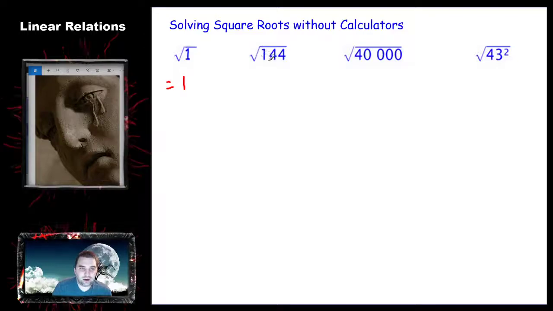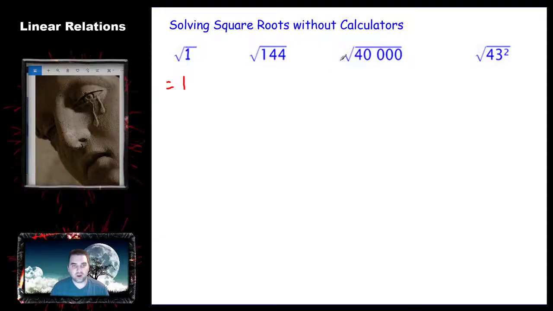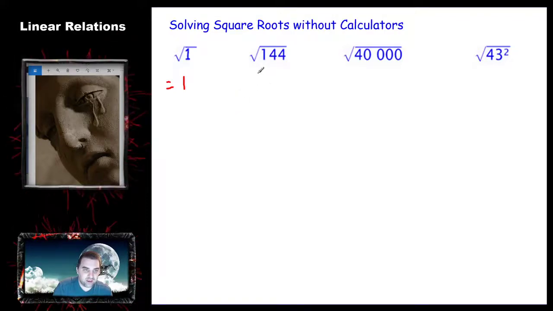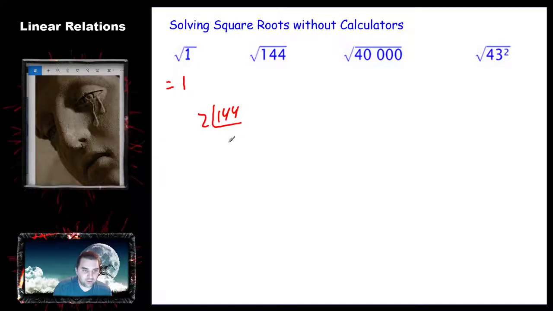Square root of 144. So now I'm going to have to start to show you how to break things down into smaller pieces in an easier way. We can use those things that we were doing before. We can divide down. That's kind of a pain. I mean, we can do it, definitely.